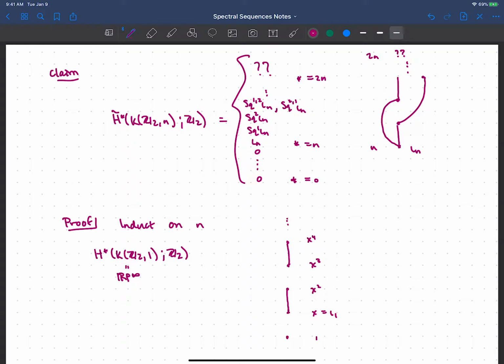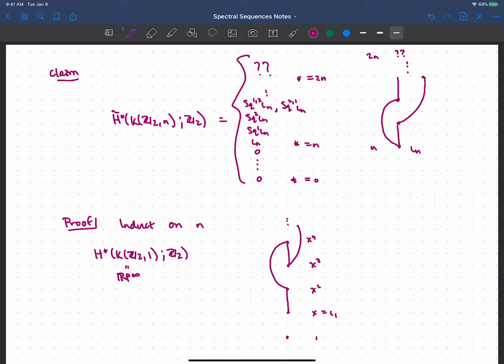Remember, this is an unstable module over the Steenrod algebra. Square 2 is in degree 2, which is bigger than degree 1, so square 2 is 0 here. But square 2 on x squared, well, now we're in the good degree for squaring. So we had that connection, and so on.